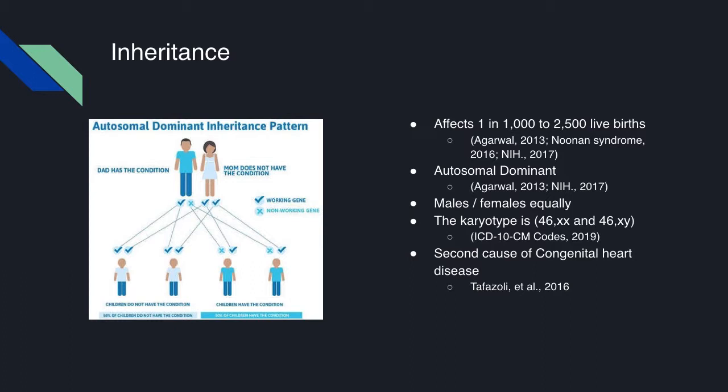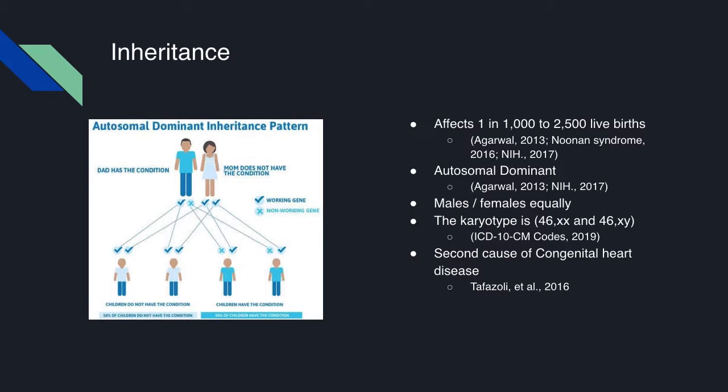The inheritance rate of this disease makes it the second cause of congenital heart disease next to trisomy 21. Noonan syndrome occurs in both males and females equally and happens in karyotypes 46XX and 46XY, male and female, and involves, which I'll get to later down the line, chromosome 12.